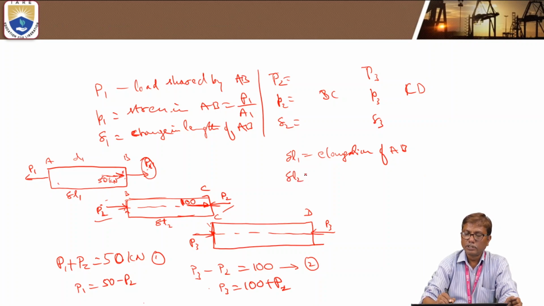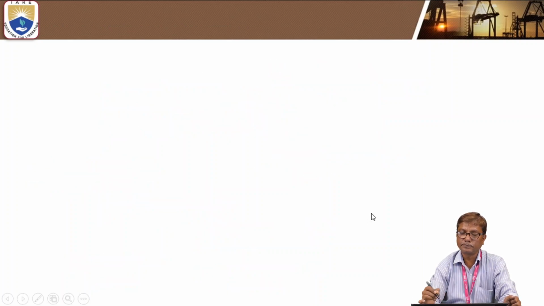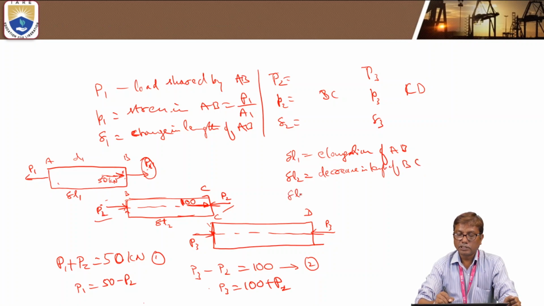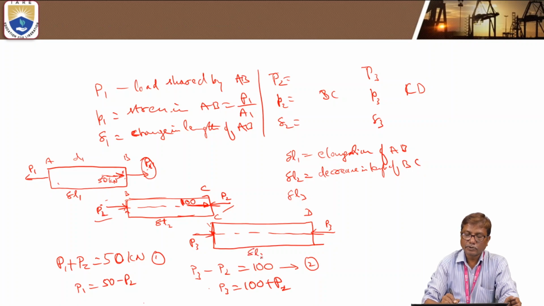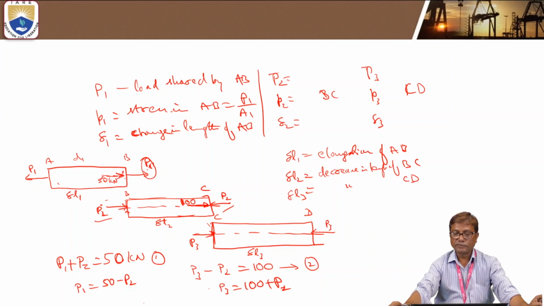So it gets contracted by delta 2. That means decrease in length takes place for member BC. And similarly, delta L3 is decrease in length of CD.